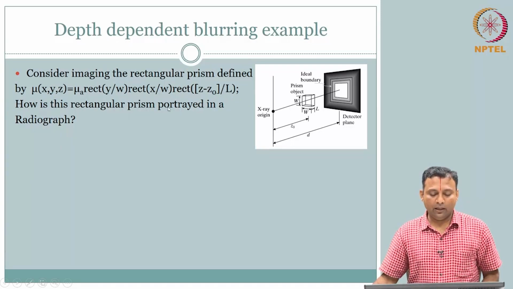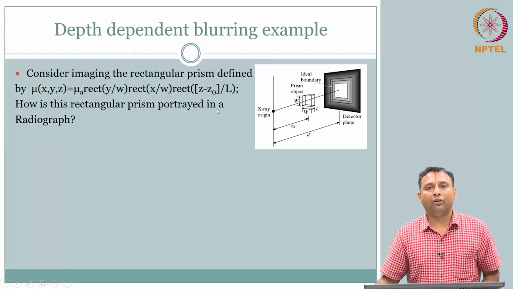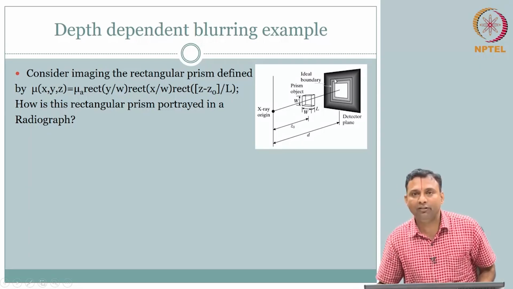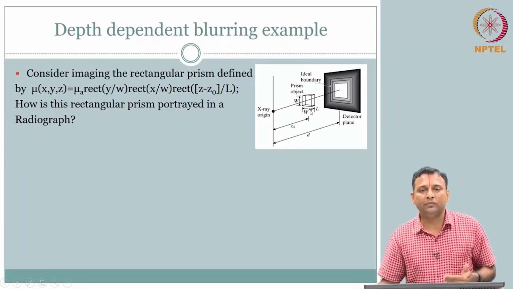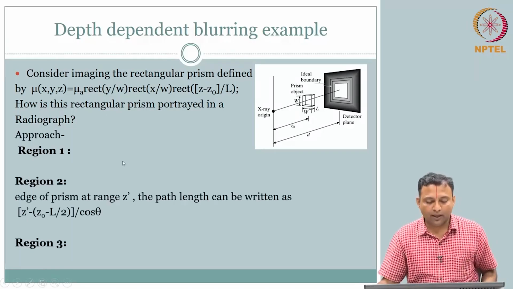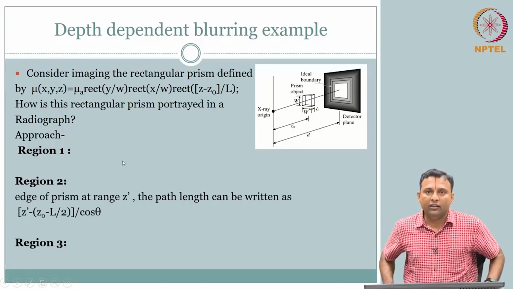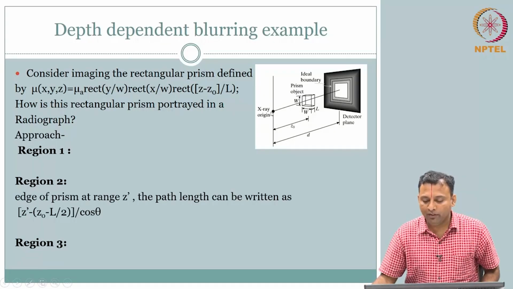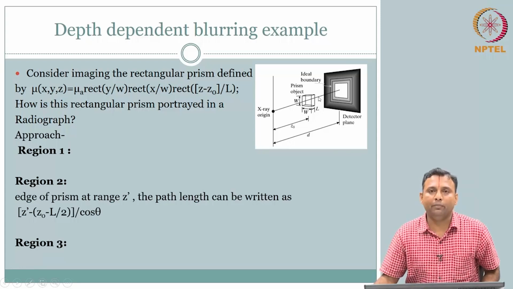How is this rectangular prism portrayed in a radiograph? It is going to be portrayed like this. Visually you can see what it is, and you can probably appreciate the effect, but we need to write this out in terms of the imaging equations that we already have. What are the three regions that you are going to have? The straightforward one is the region where the X-ray goes through the entire prism, front and back.